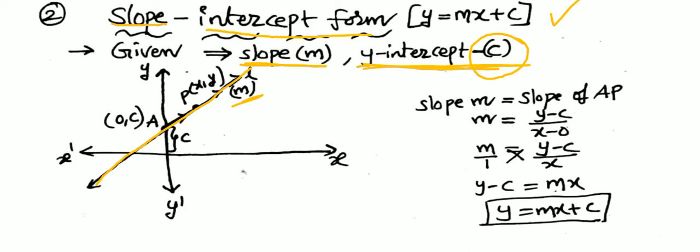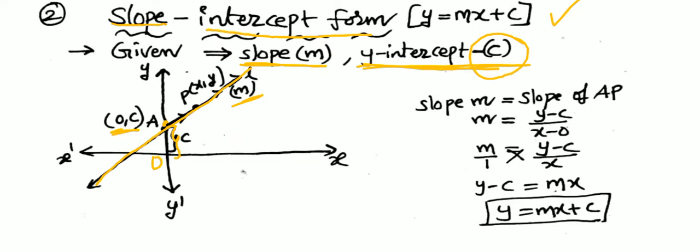So the line touches the y-axis at c units from the origin. Consider the line touching the y-axis at A. The distance from A to the origin is c. So the point A will be (0, c). Why? Because on the y-axis x is 0.